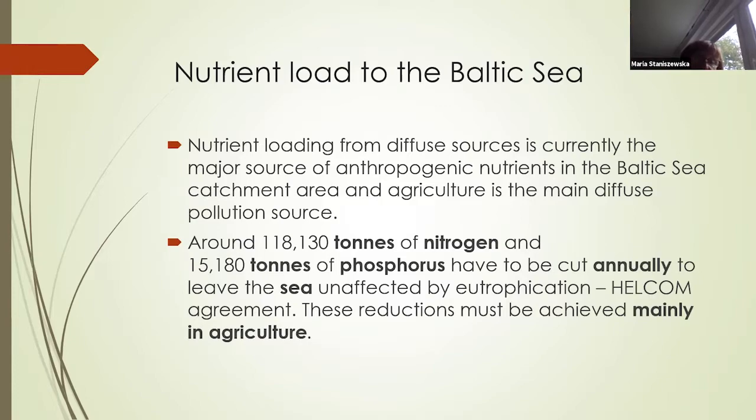We see almost 120,000 tons of nitrogen and about 15 tons of phosphorus that have to be cut annually, and we believe that we will stop or limit this eutrophication. But this reduction must be achieved mainly in agriculture. What is very important?